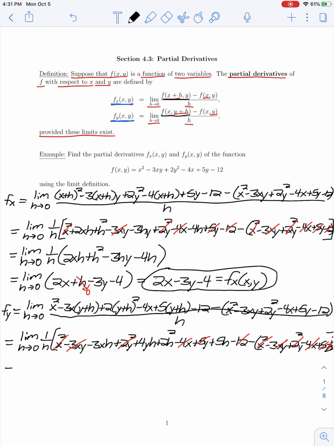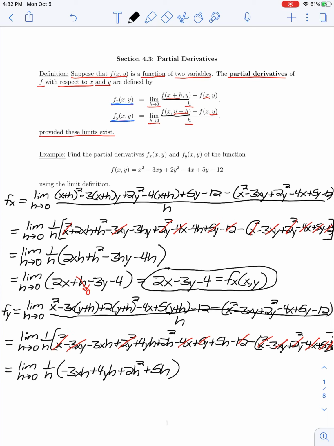So we are left with the limit as h approaches 0 of 1 over h times negative 3xh plus 4yh plus 2h squared plus 5h.